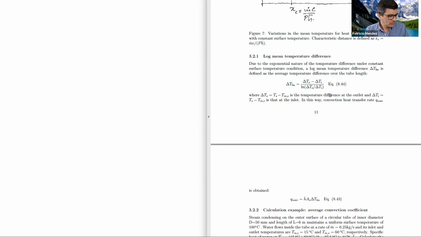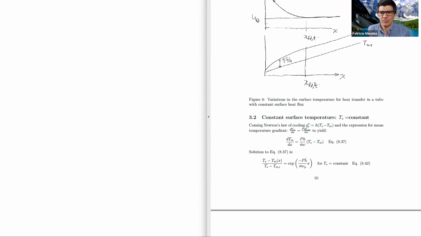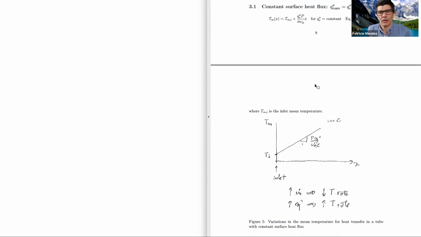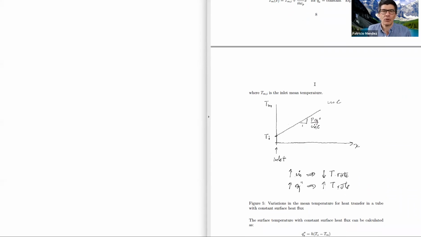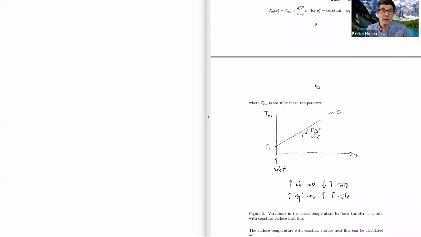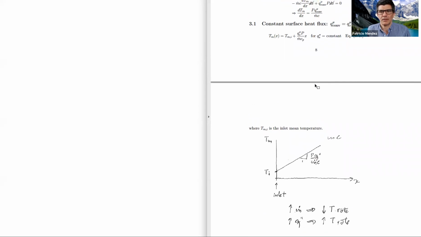What else? We also saw that depending on whether the pipe had a constant heat flux or constant surface temperature, we had different cases in the heating of the fluid.